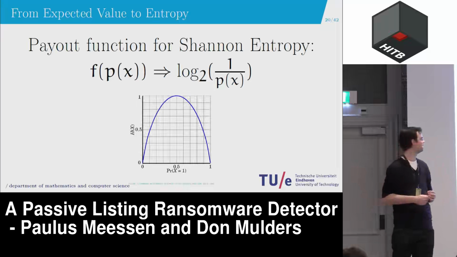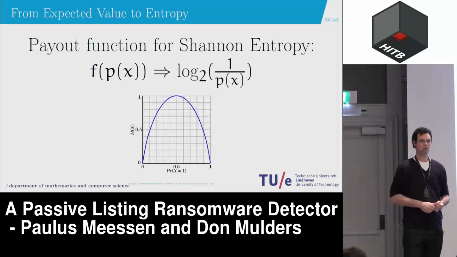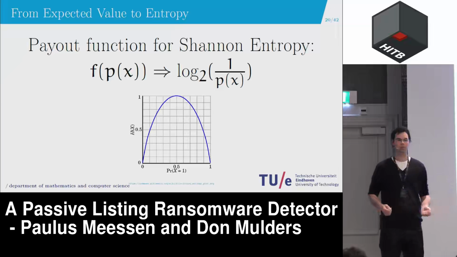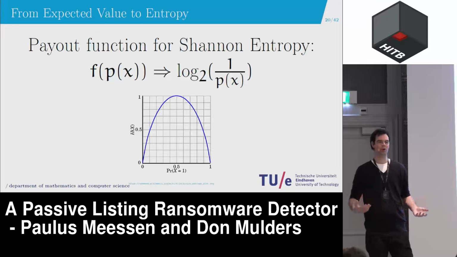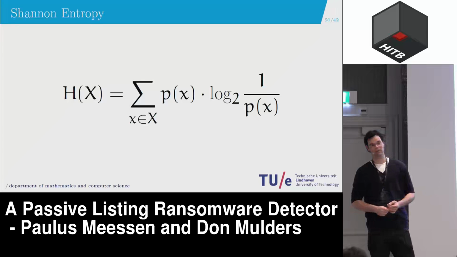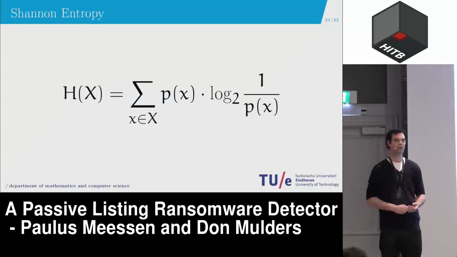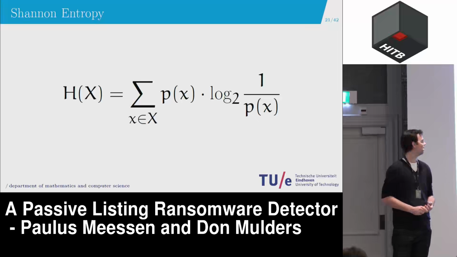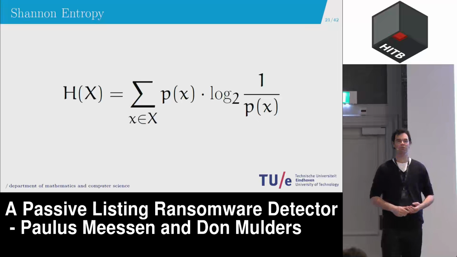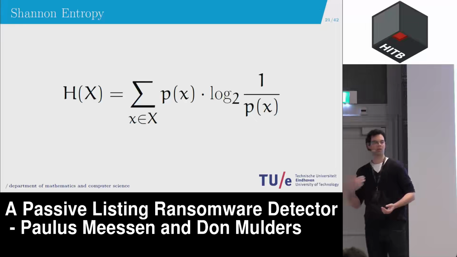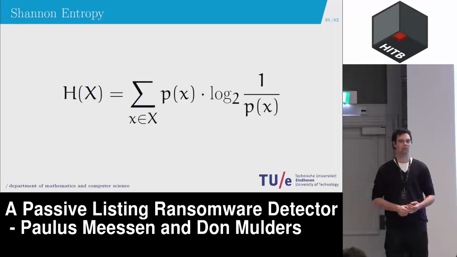If you click to the next slide, this has nice properties, such as that the entropy of a binary experiment, say a coin flip, is exactly 1 bit. So the entropy of predicting whether a bit is a 1 or a 0 is 1. And if we fill this into the expected value formula, then we get what is called Shannon entropy. And that's what we're going to use to convert the distribution into a number that is meaningful in terms of encryption.